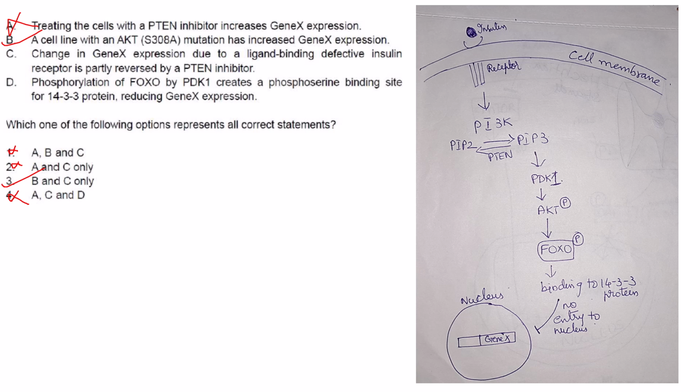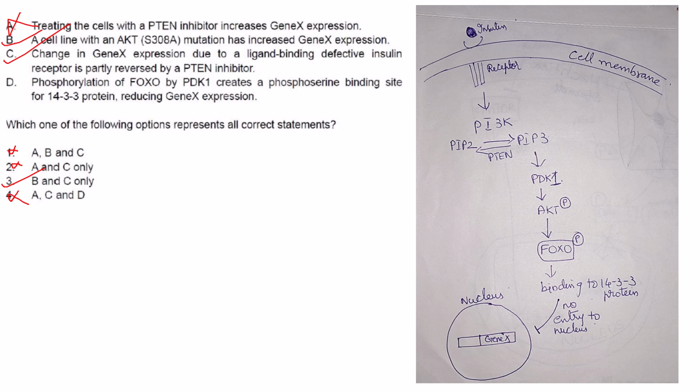So, gene X expression reduces. Ligand binding defective insulin receptor, gene expression is more. PTEN inhibitor, expression is less. So, from more to less, activity reversed by PTEN inhibitor. So, C is correct.